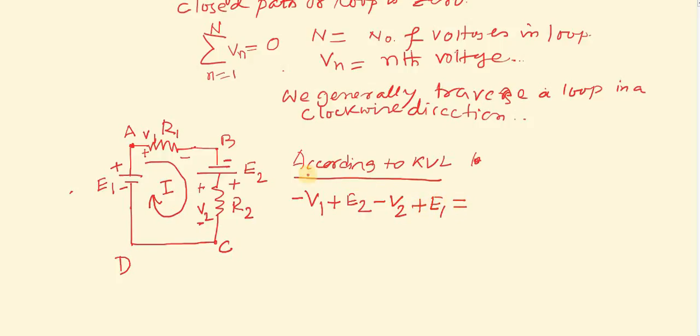This is the algebraic total voltage across this loop, and according to KVL, the algebraic sum of voltages around any closed loop is 0. So E1 plus E2 is equal to V1 plus V2.